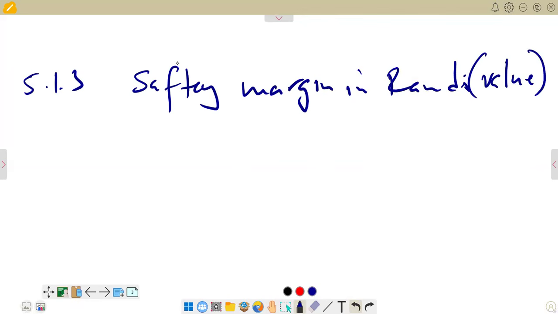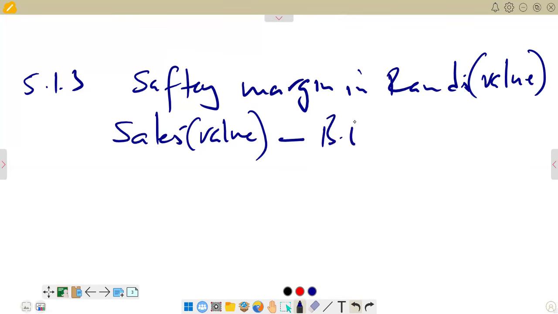So safety margin is the gap that we have above the break-even point. Basically, it's between the break-even point and the maximum production. So when it's in value, we are saying the sales, which is the value, then we subtract the break-even point in value.